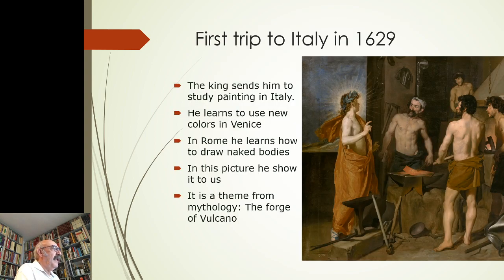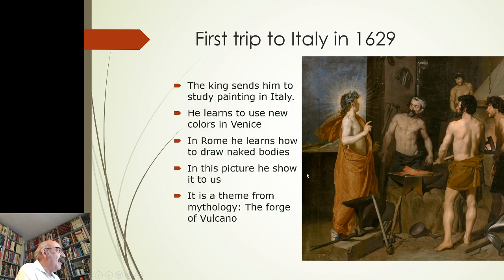Good. And he wanted to learn more about painting, and he went to Italy to learn more and more. And in Rome, he learned many things. And this is a very interesting painting that represents a mythologic scene.